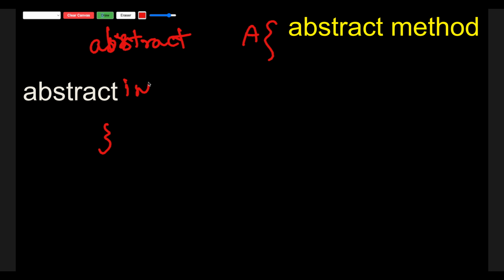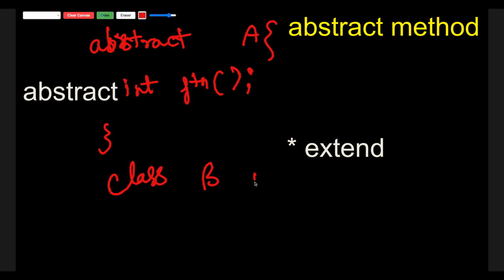Let's say I have an abstract class A over here, and it has a function, let's say int fn, and if I have a class B which implements A, then I have to define this function.